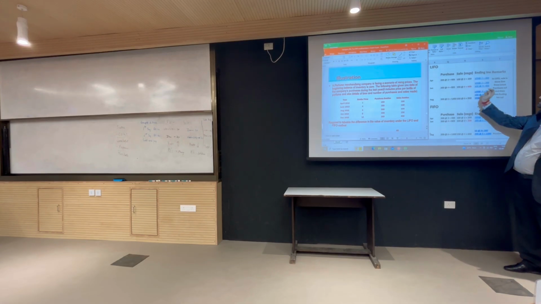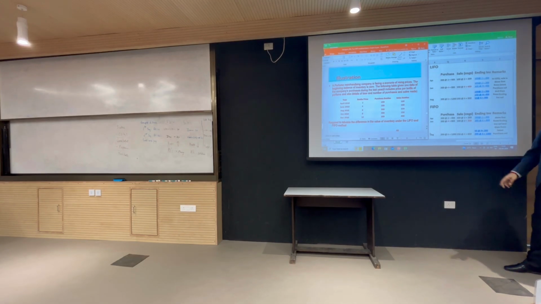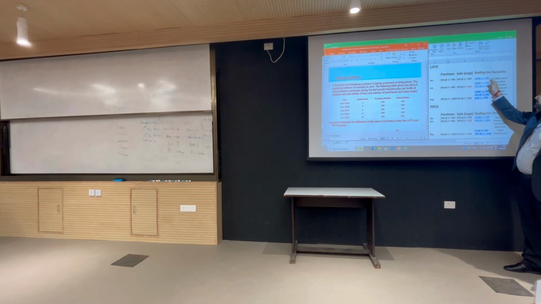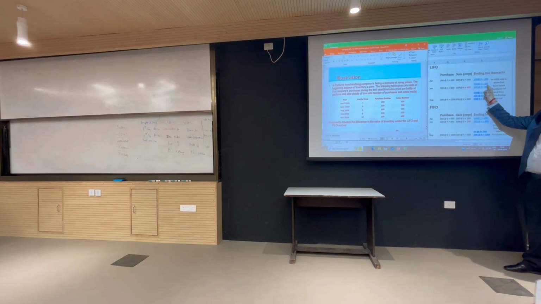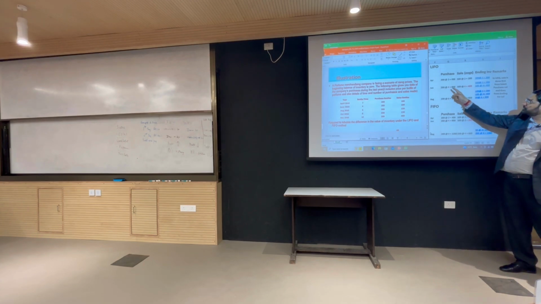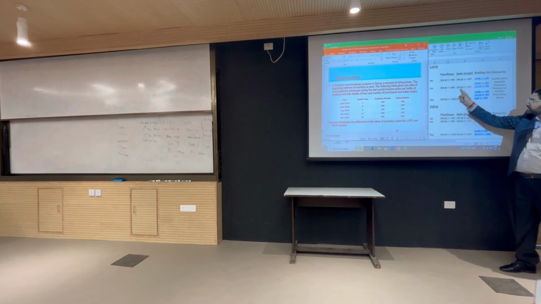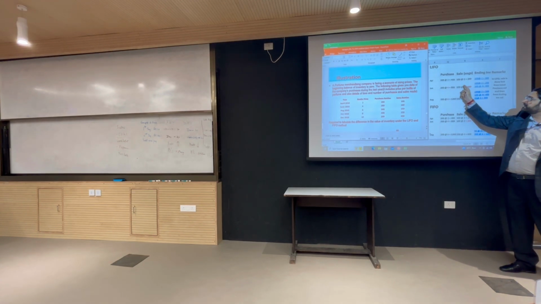If this is the case, then how much are we left with? On 1st of June we started with 100 at 2. So 100 at 2 is still originally with us. In addition to that, this month we bought 200, sold 100, so we are still left with 100 at 4.